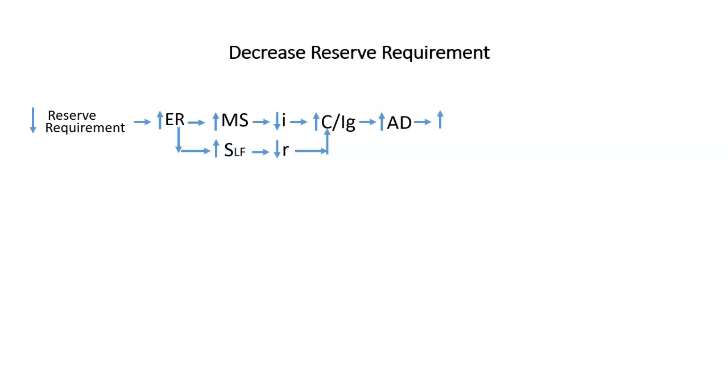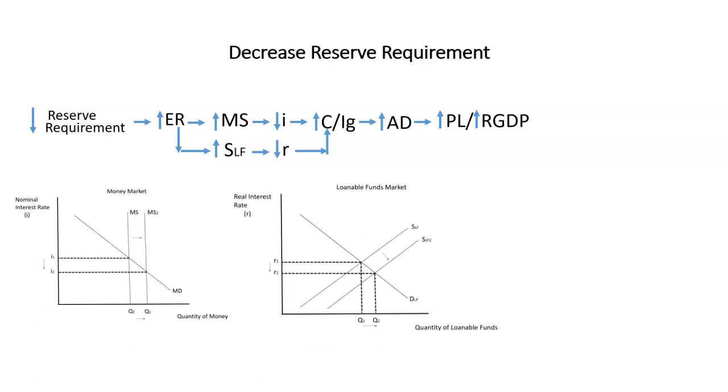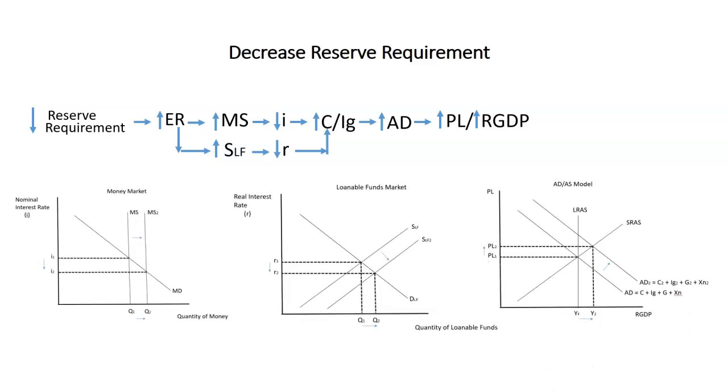An increase in aggregate demand will increase the price level, it'll also increase real GDP. So this would be expansionary monetary policy because on that ADAS model, your actual is greater than the natural rate of unemployment. Or another way to say it, this inflationary gap is created because the actual is greater than the potential.